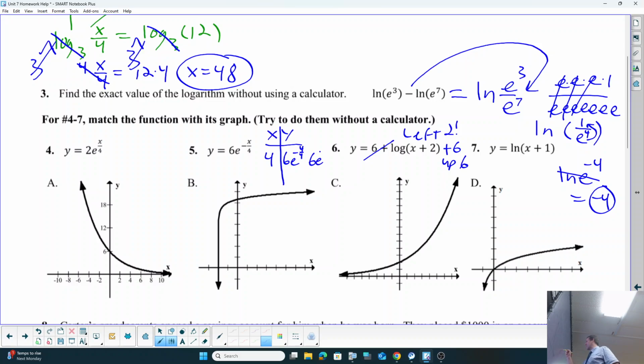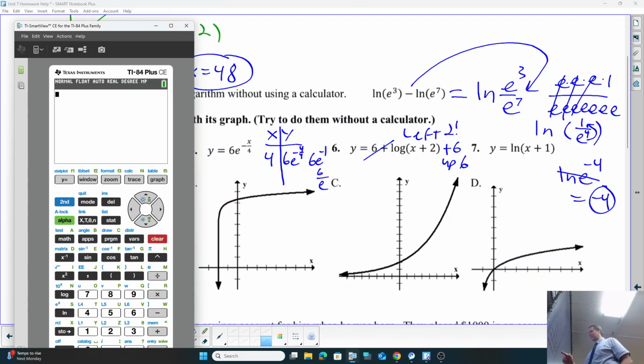So 6e to the negative 1. So that's 6 over e. And so 6 divided by 2.718 is approximately, 6 divided by 3 is just 2. So a little bit bigger than 2, between 2 and 3 basically. Right? You can use your basic calculator for that at least.